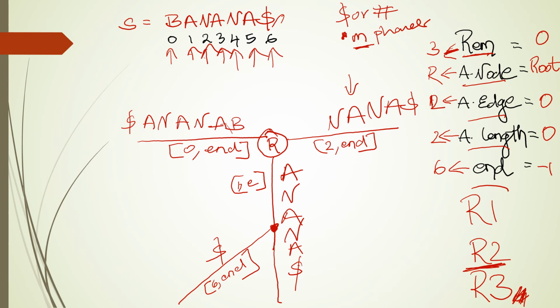So you go to A now, you ask again whether dollar is present after A, that is 5 plus 1. No, I didn't find anything. So just after A, we create another one, a dollar. Since you create a leaf, you decrement this.